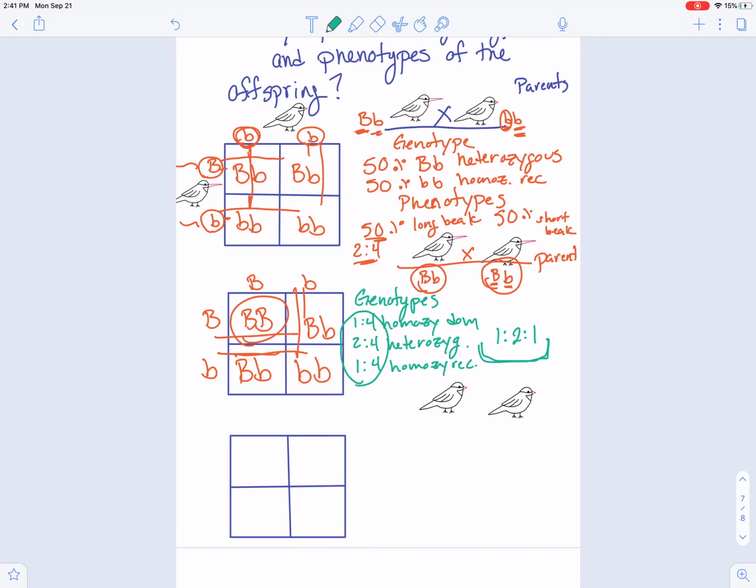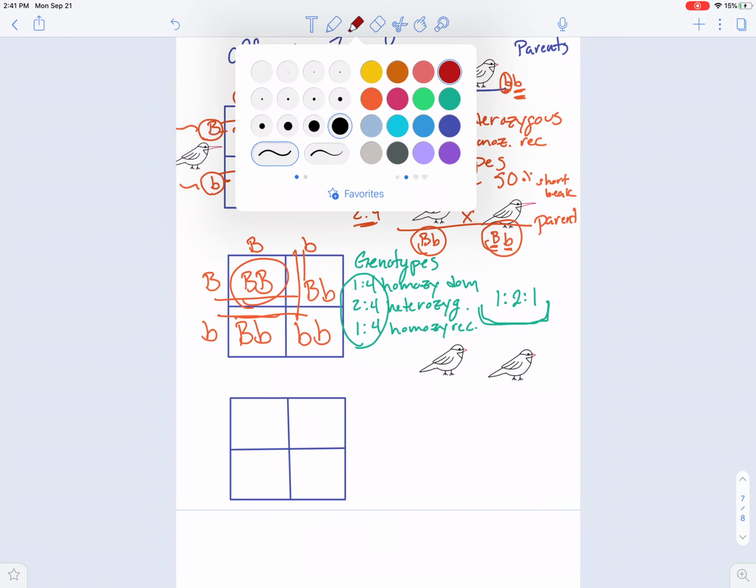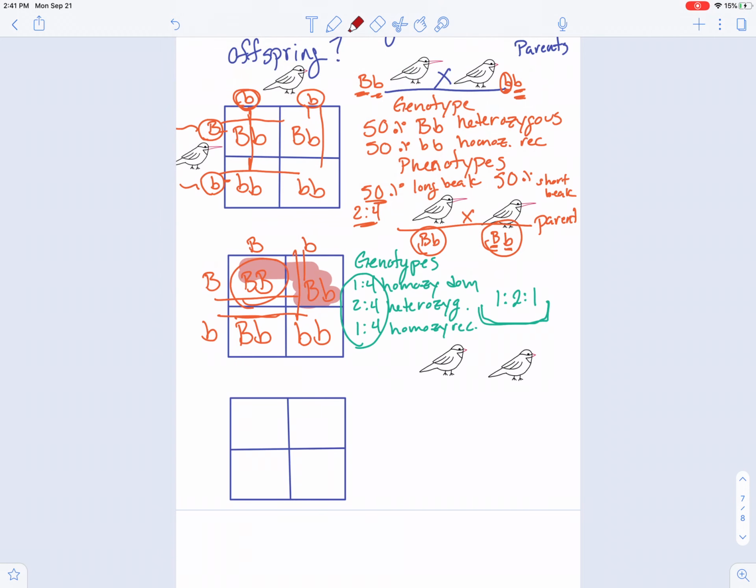The phenotypes in this case are a little bit different. So if I'm looking at phenotypes, anybody with a big B is going to have a long beak. So that means that 3 out of 4 of them have a long beak.